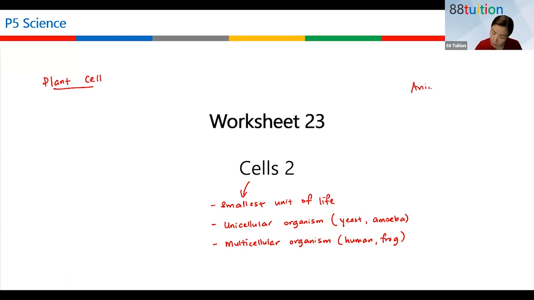Tell me what you know about the animal cell. Okay, I have some inputs just now. Some of you type in parts of the animal cell, right? Good. So let's see the rest of you, whether you can remember the various parts. Well, how many parts are there for animal cells? Just 3. Good. So there are 3 parts to them. What are they?